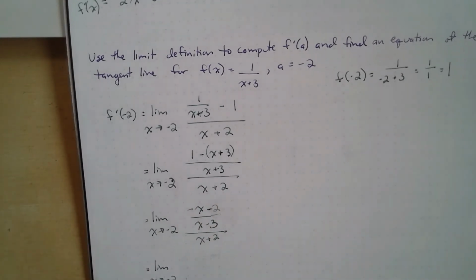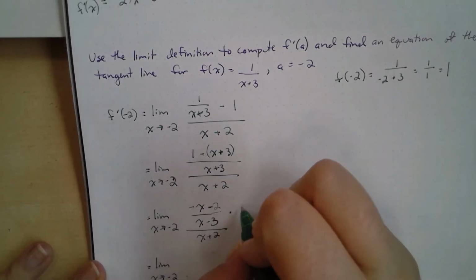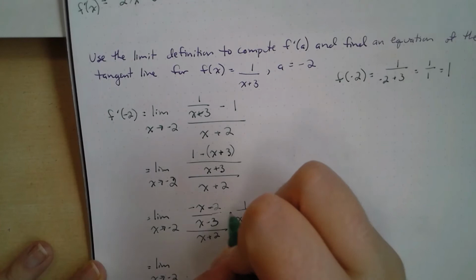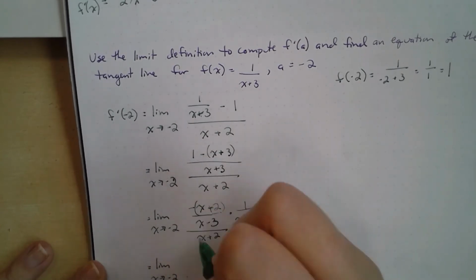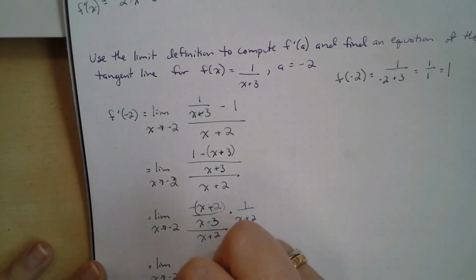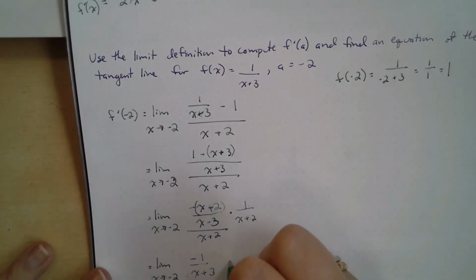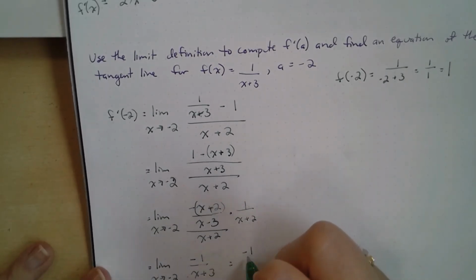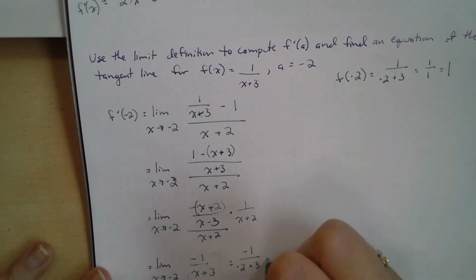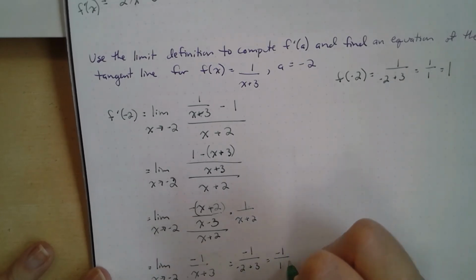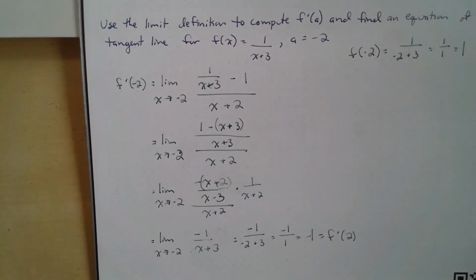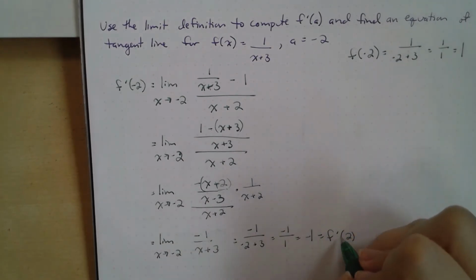So I should have, this is going to become 1 over x plus 2, and if I take that out, it's got negative 1, so it's going to be negative 1 over x plus 3, and as x goes to negative 2, we've got negative 1 over negative 2 plus 3, negative 1 over 1, which equals negative 1. So that is equal to f prime of negative 2. I gotta fix that again.